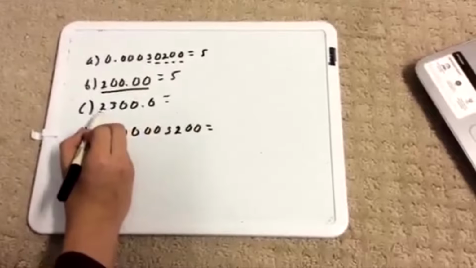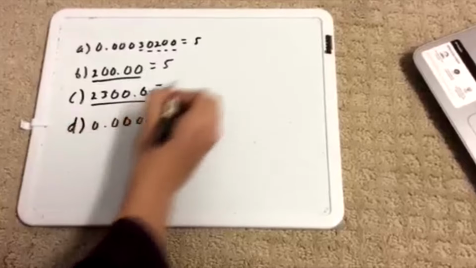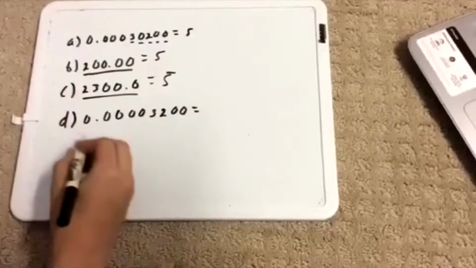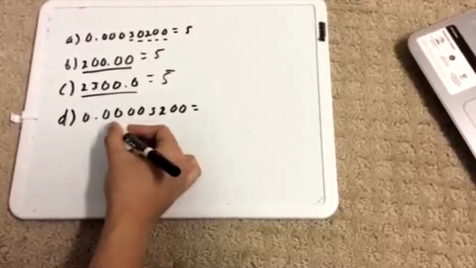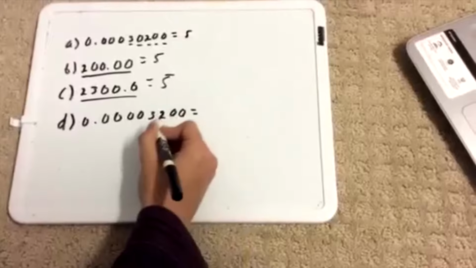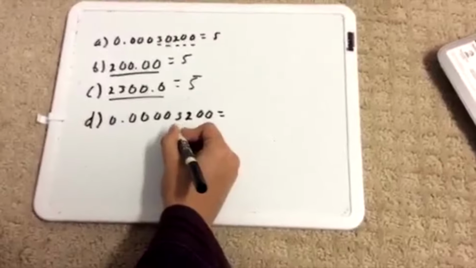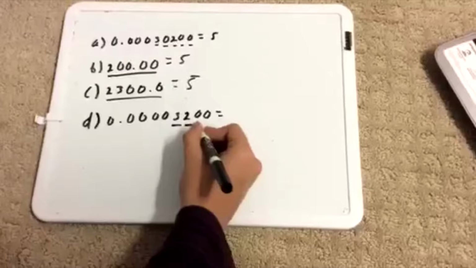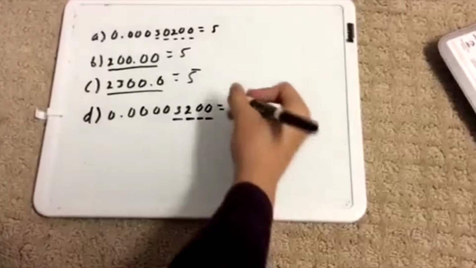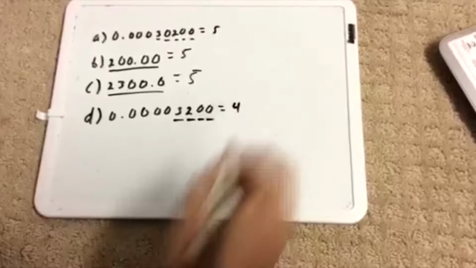And for letter C, there will be also 5 because it's the same as letter B. For letter D, as we did at letter A, it will be the same concept. So 3, 2, 0, 0. So there will be 4 significant numbers.